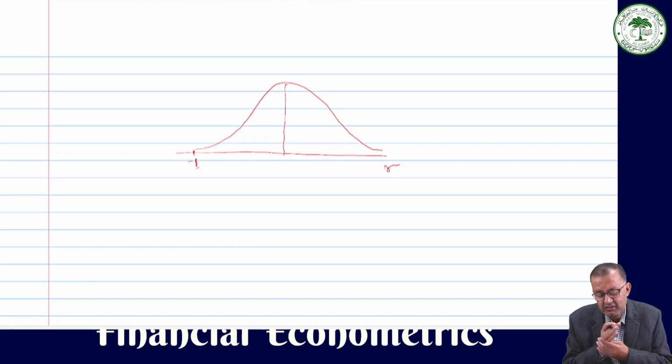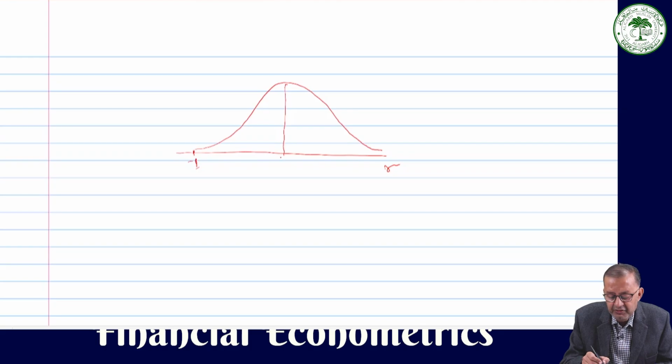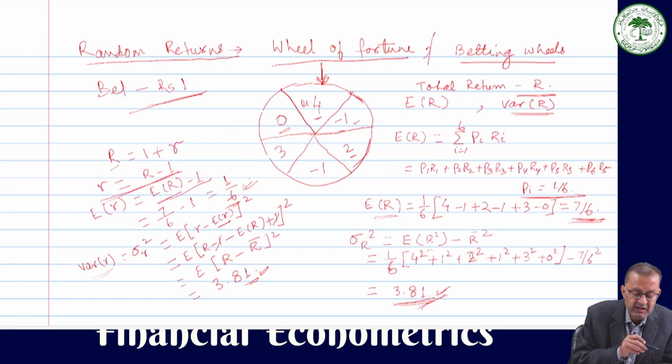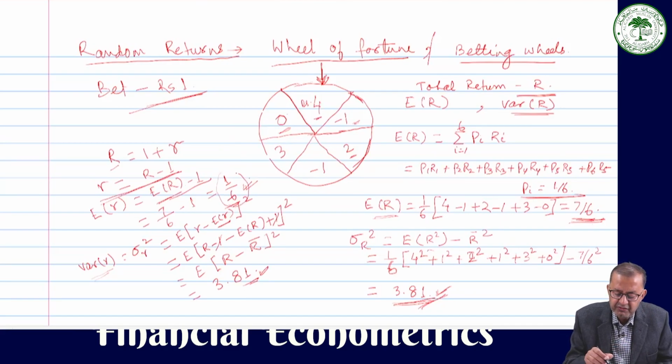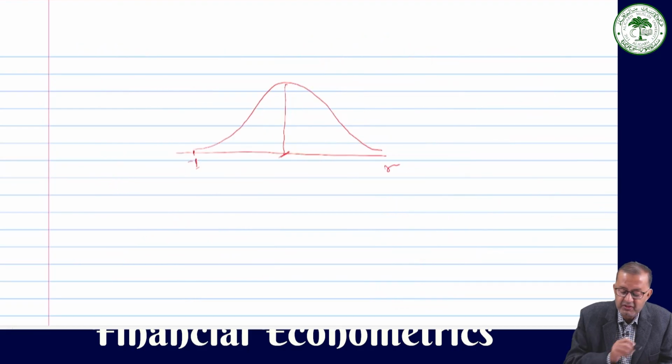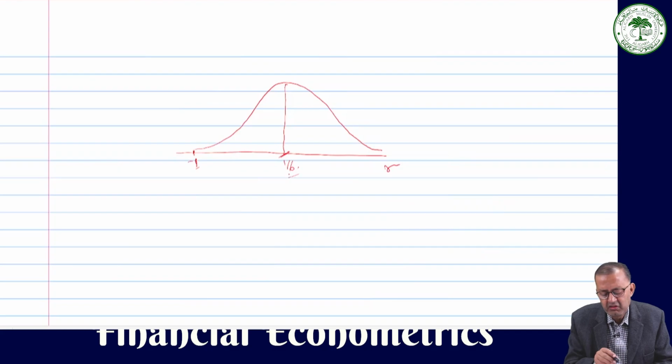This value will give you the mean value of r. In this example, what is the mean value of r? Expected value of r was 1/6. So this will be equal to mean value 1/6. So the minimum value cannot go beyond -1, because in case of -1, whatsoever you have invested, the 100% will be lost. So it cannot be less than this one.